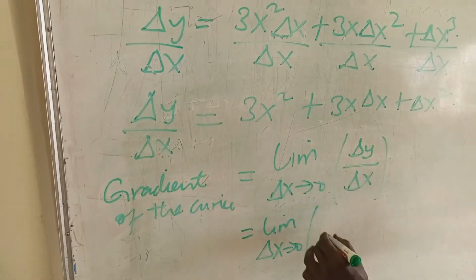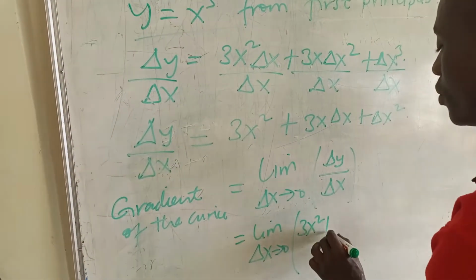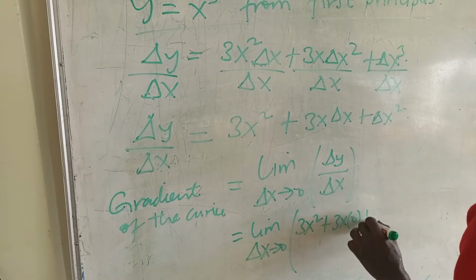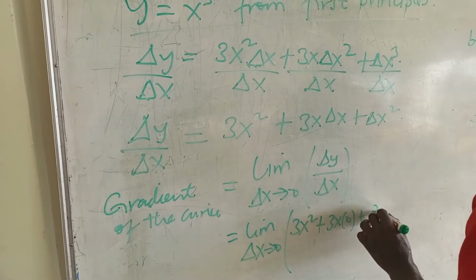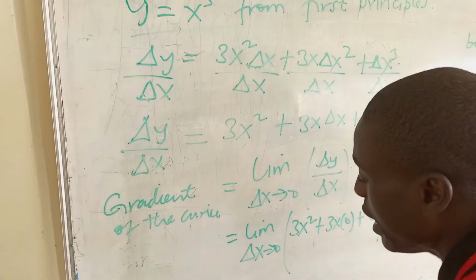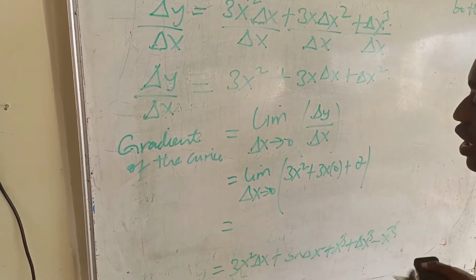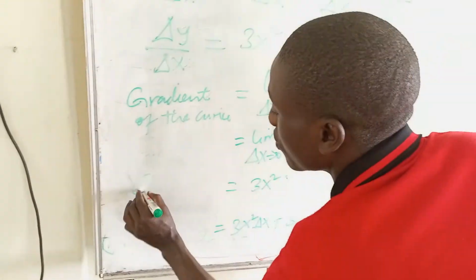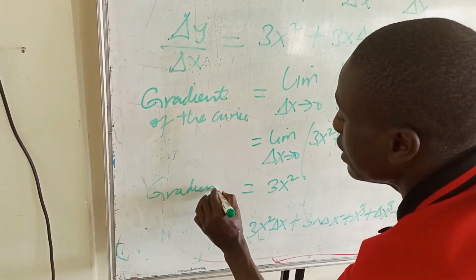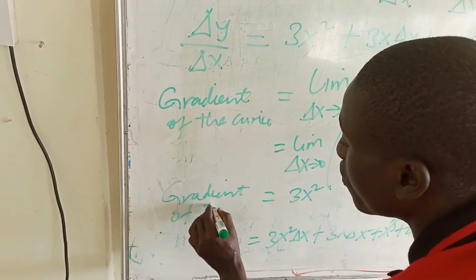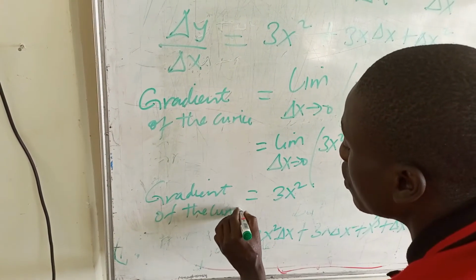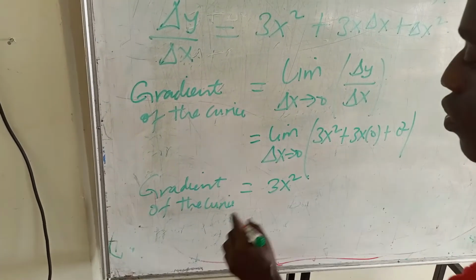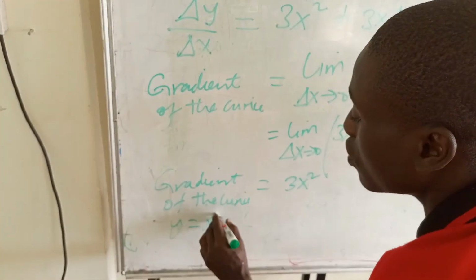I substitute, it becomes 3x squared plus, where there is change in x put 0, 3x times 0 plus 0 squared, and our gradient of the curve becomes 3x squared. So this is the gradient of the curve y is equal to x cubed.